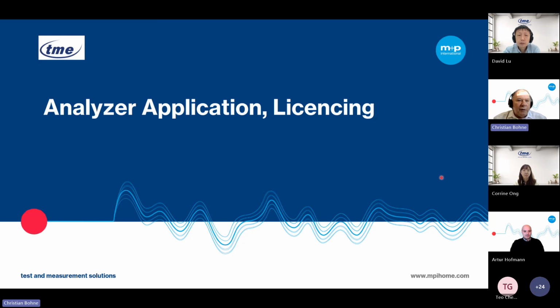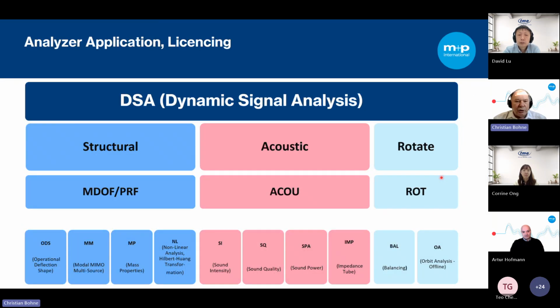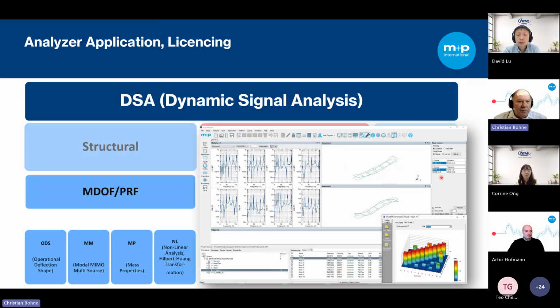If we now come to the licensing, application licensing, I think I need to hurry up a little bit. This is the licensing structure that we provide. So we start with the structural, so ODS, MDOF, OMA, all this is with the structural solution. You can extend, this is the MDOF, multi-degree of freedom.